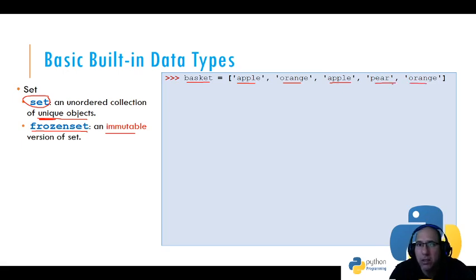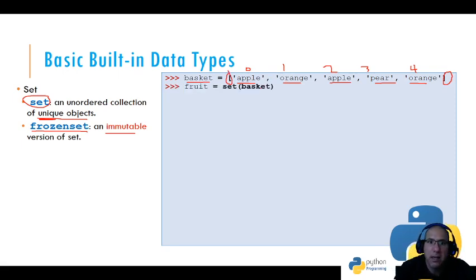Notice also orange is repeated. So this is at position 0, this is at position 1, 2, 3, and 4. This is a list, because we know it's surrounded by square brackets.